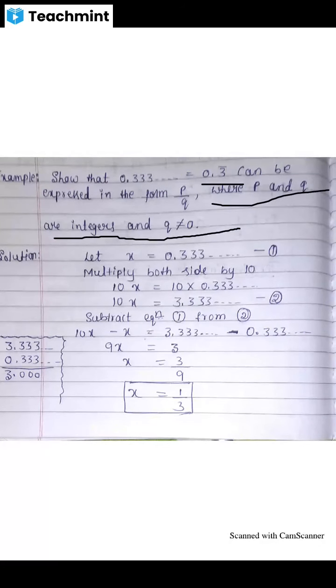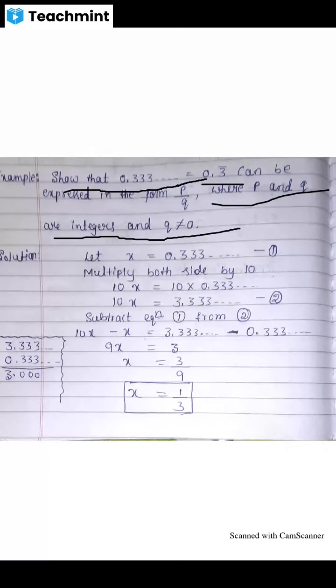Once again, I'll repeat the question: show that 0.333 and so on, that is 0.3 bar, can be expressed in the form p by q, where p and q are integers and q not equal to 0.